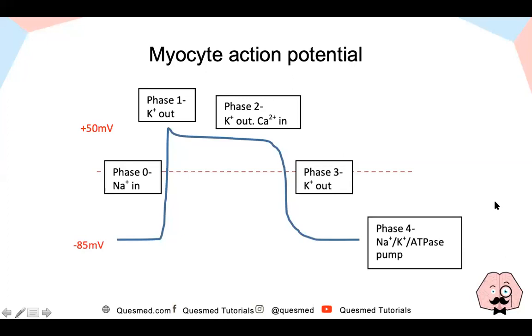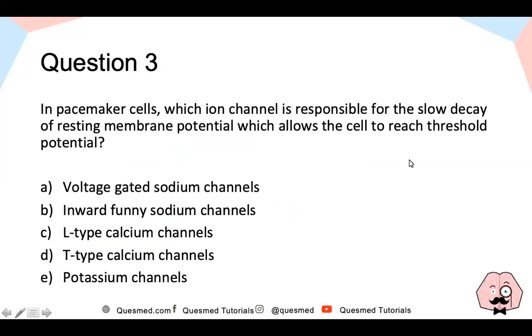Okay, so next question. In pacemaker cells, which ion channel is responsible for the slow decay of resting membrane potential, which allows the cell to reach threshold potential? Is it A, voltage-gated sodium channels?